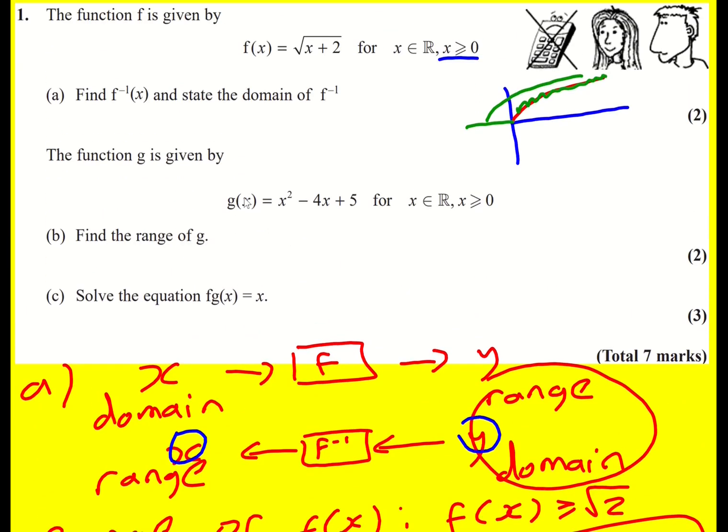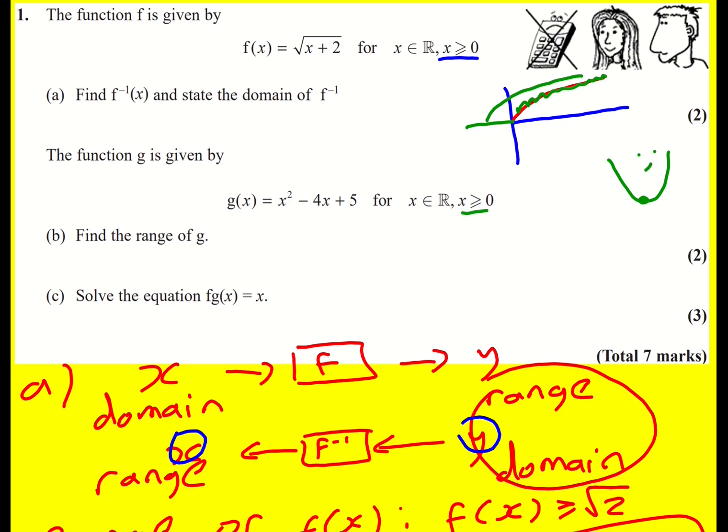For b, we have g of x, a quadratic, and we're asked to find the range of g. It's going to look a little bit like this because it's a positive quadratic, a happy quadratic. The key thing is finding the minimum point, and then the range is potentially going to be every value above this, except we again have a restricted domain. So we'll worry about that in a minute.